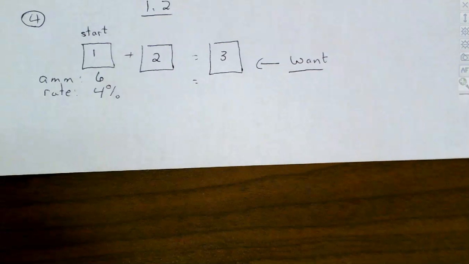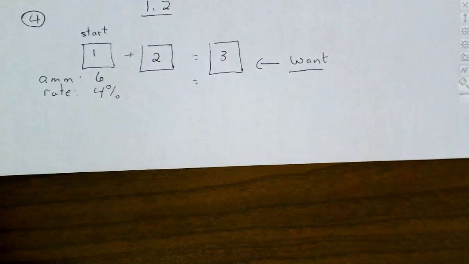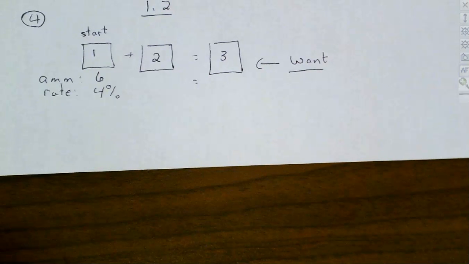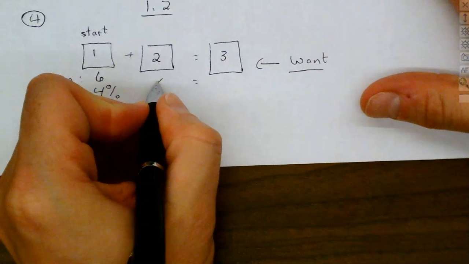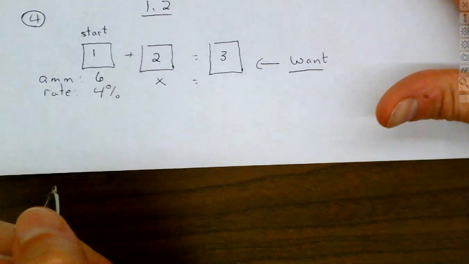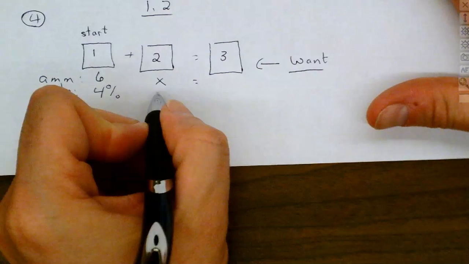So that's your first box. We are then going to mix that with what? We're going to mix that with a 10%, right? Now, when we read it, does it tell us how much 10% we need? No. So the amount of the 10% is X, and we know that concentration is 10%.